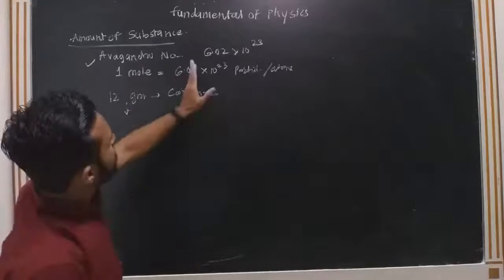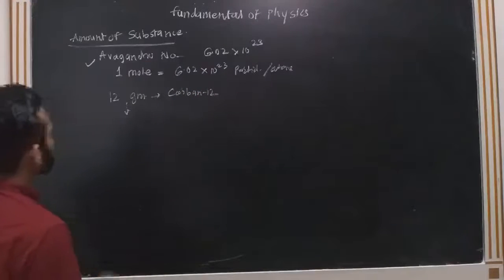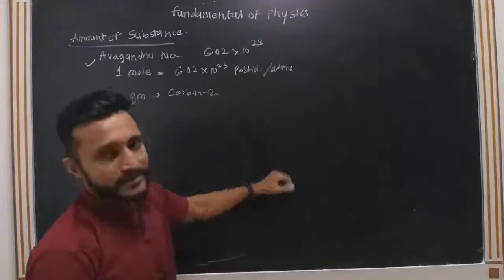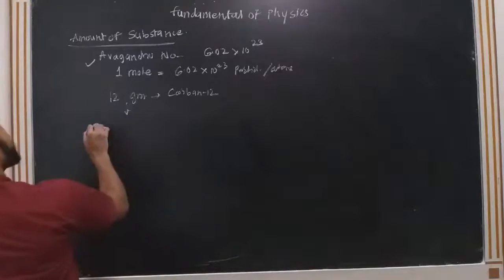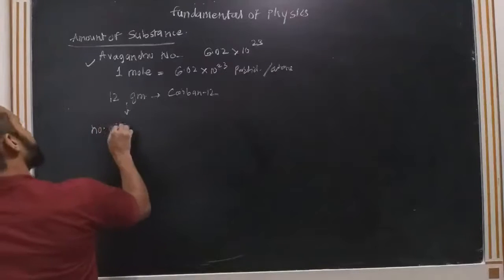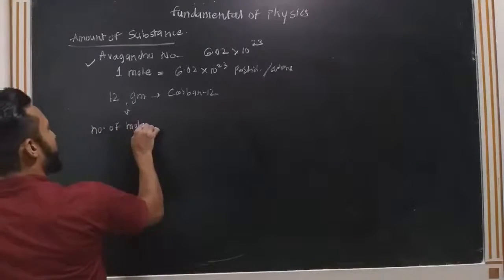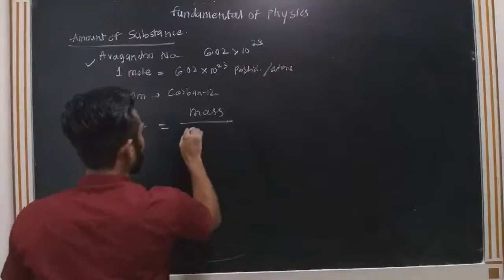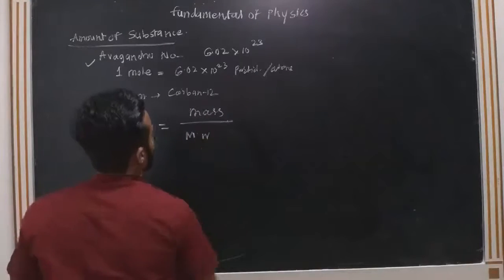So this is the standard Avogadro's number. So 1 mole is equal to 6.02 × 10^23 particles. The relation is that number of moles is equal to mass of the given sample upon its molecular weight.